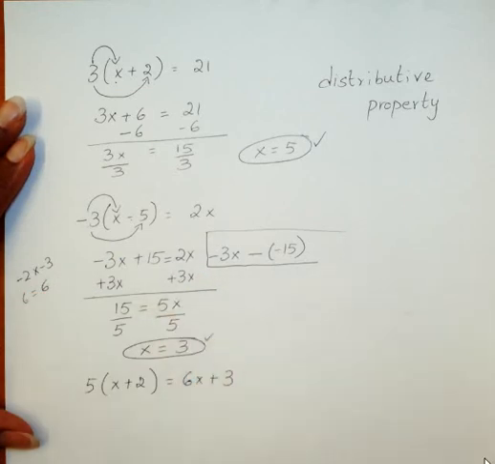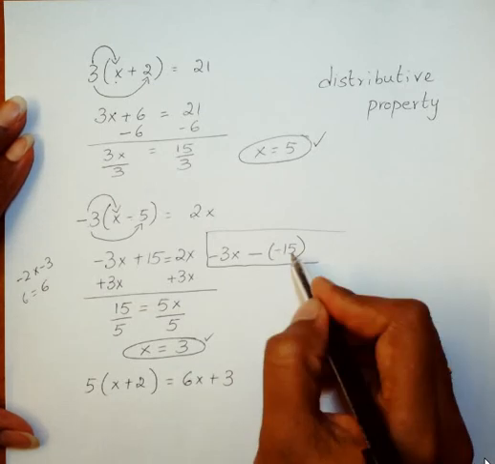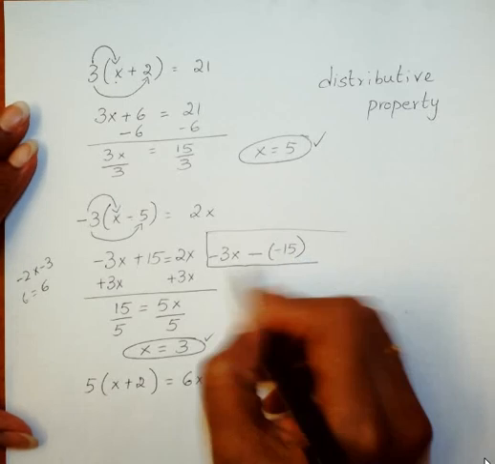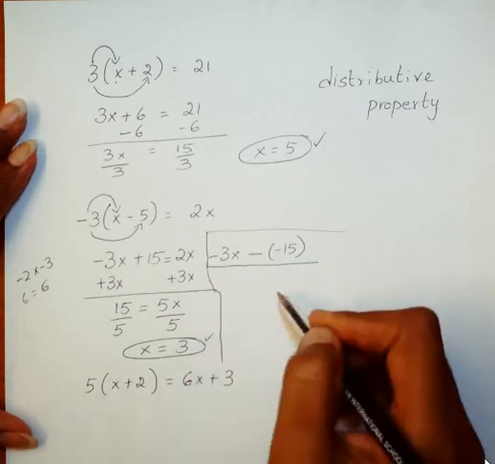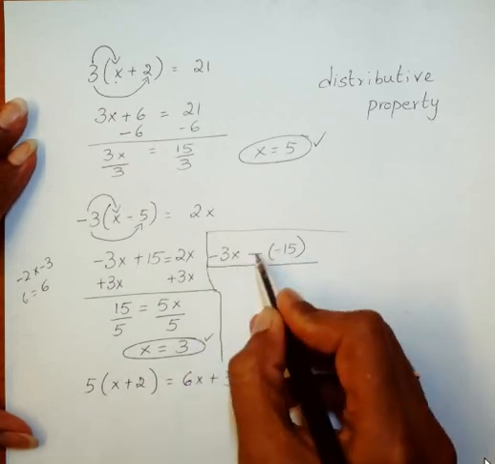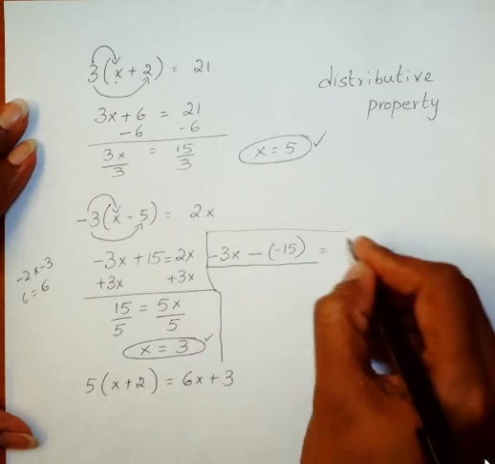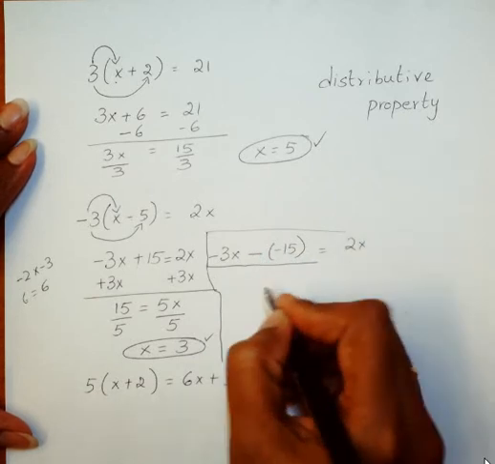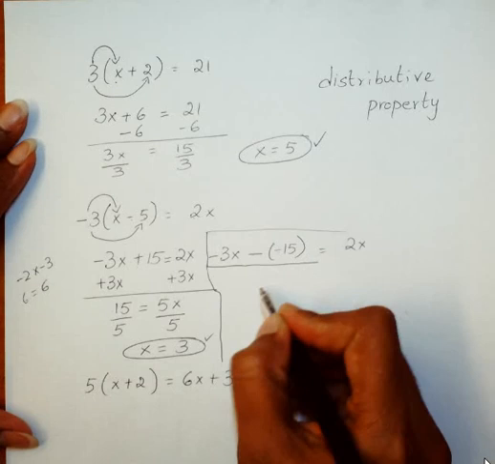Suppose we did it this way, what would the answer be? So I'm going to draw a line here and then continue. Negative 3x minus negative 15 equal to 2x. And I'm still going to add 3x on both sides.